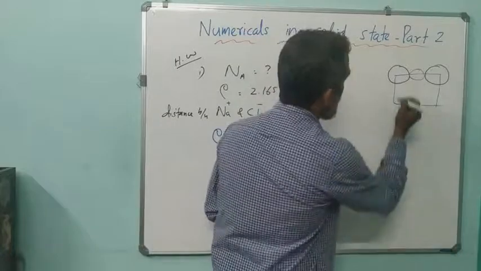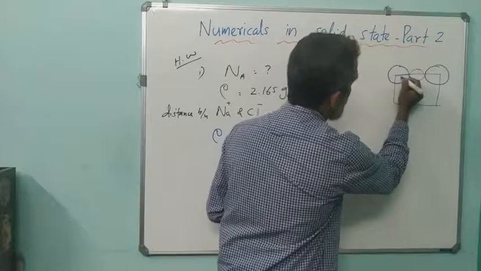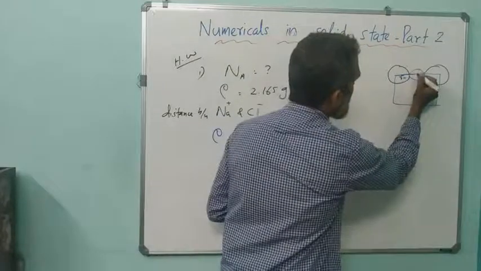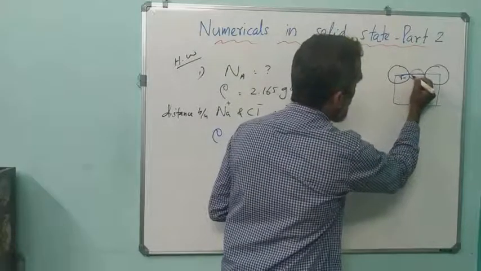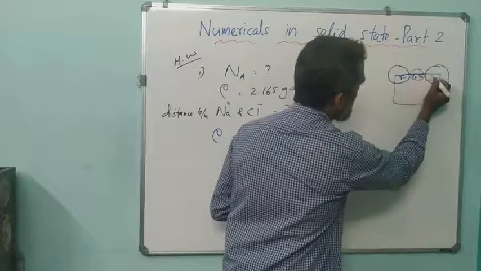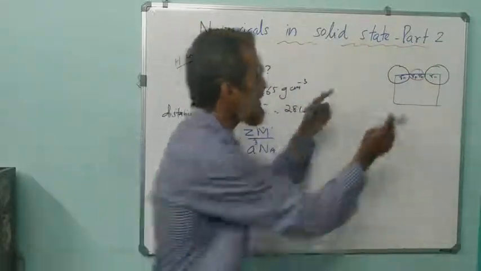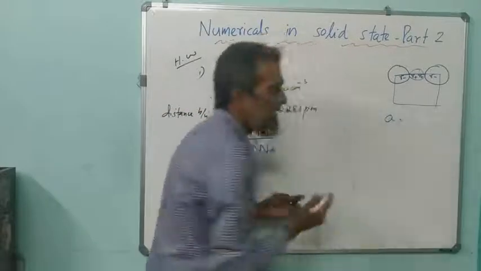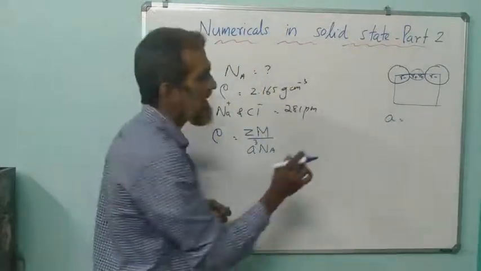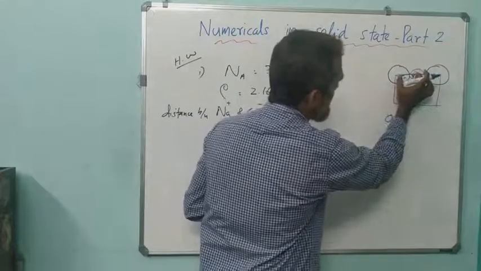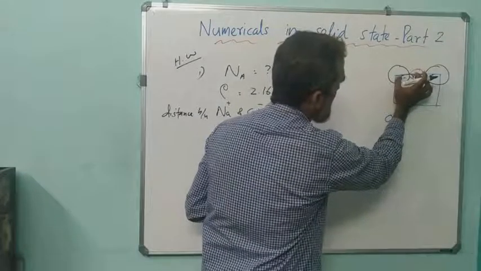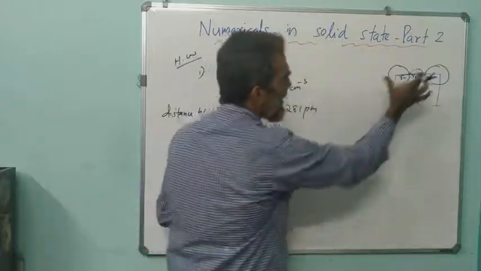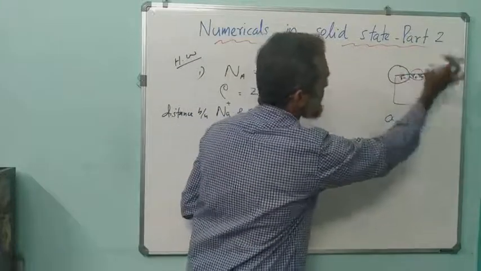So this is the radius of Cl minus, and these are R plus, and this is also R plus, this is R minus. So this is the edge length. What is the relation between edge length A and the distance between Na plus and Cl minus? This is what is given in the question: the distance between Na plus and Cl minus is the radius of the anion plus the radius of the cation. So what is A here? It is 2 times that.